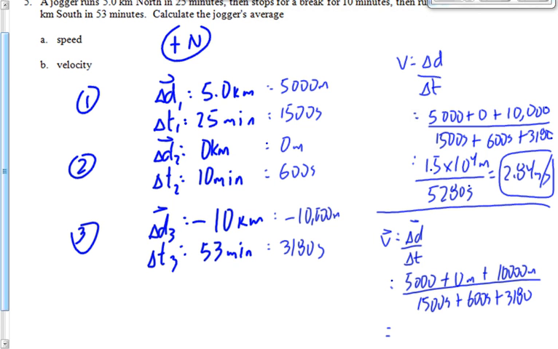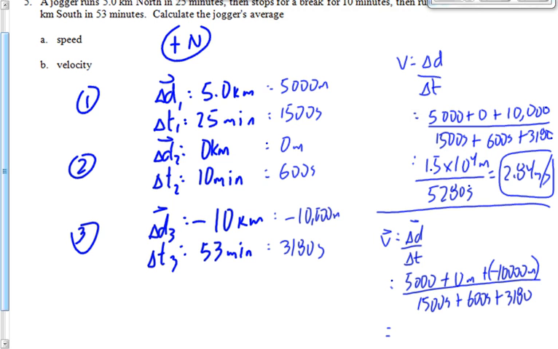Aren't we going to end up with the same thing here? What have I done wrong? Yeah, I'm adding. He said subtract. I'm really adding, but I'm adding a negative number, which is the same thing as subtract, right? You have to add the negative value in there because the displacement is to the south, and velocity is a vector here.